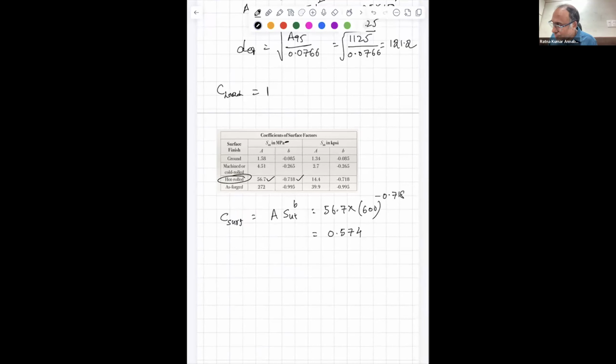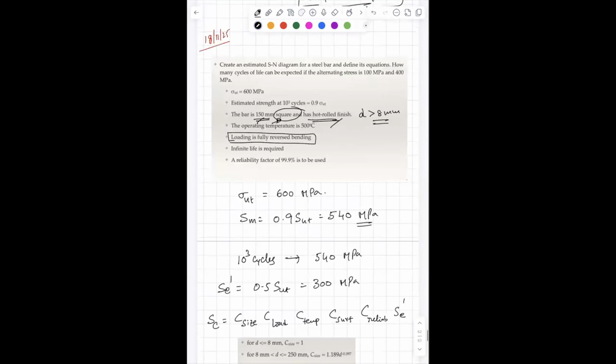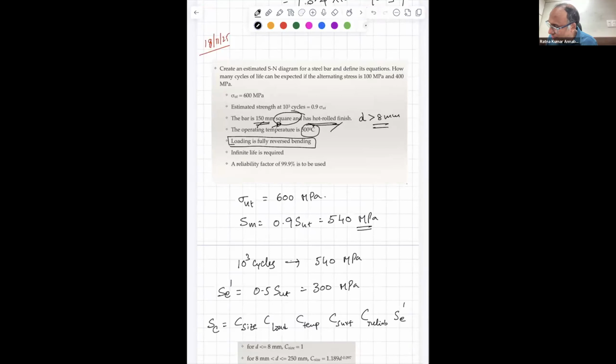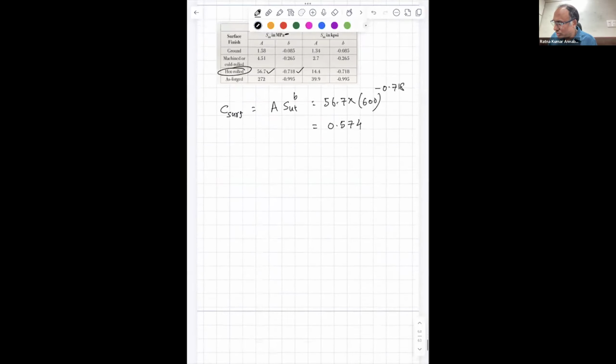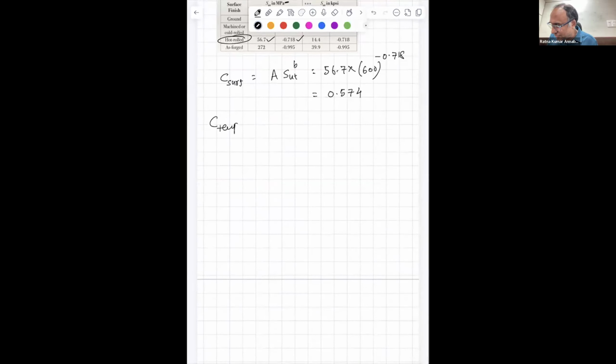And then, is there any other factor? So here it is operating at what temperature? 500 degrees Celsius. So that is greater than 450 degrees Celsius, isn't it? So now I need to calculate C temp.